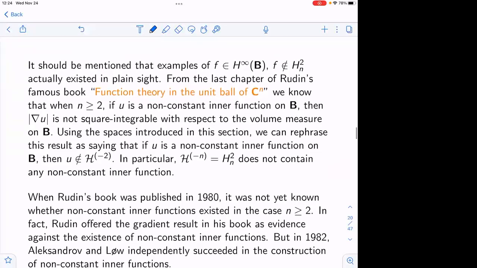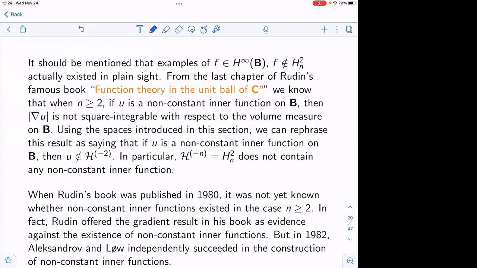So it's interesting that it was already known before Arveson's 1998 paper that there are H infinity functions that are not in the Drury-Arveson space.